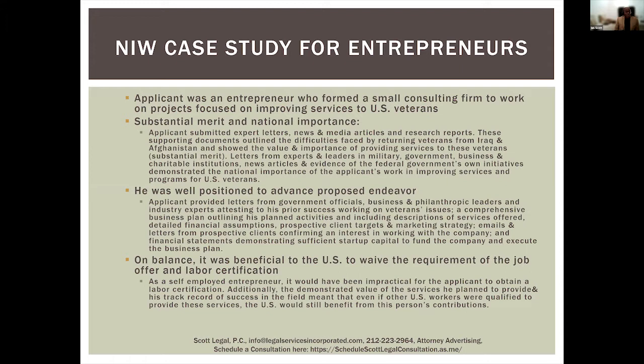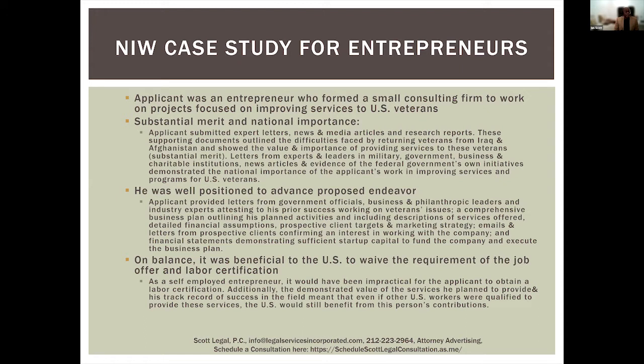What the person said was that this was of national importance, that vets often go to combat and come back and don't have these services, et cetera. And then we list out some of the things that the person included. They included letters from experts, leaders in the military, government, business, charitable institutions, news articles, and evidence of the federal government's own initiatives. Basically, independent of the person, showing that this is an area of national importance.